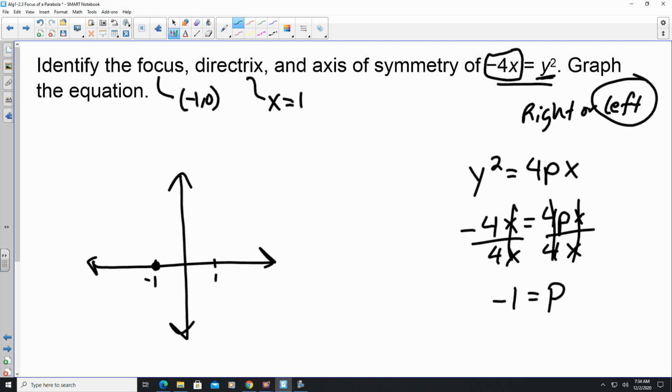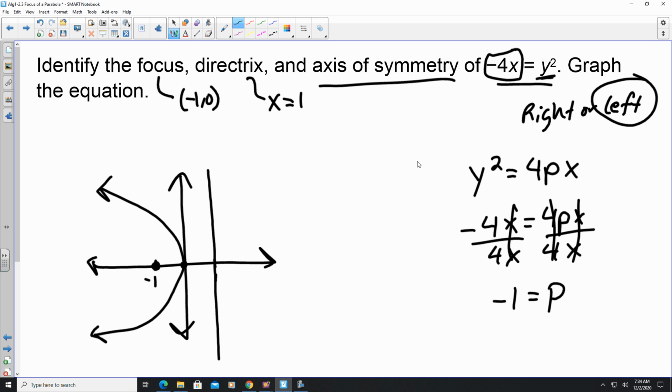So here is my directrix. My parabola is opening up to the left, like I said, so it's going to go here and here. And my axis of symmetry is just right along here, and that is a horizontal line. So in this particular instance, it's going to be y equals 0.